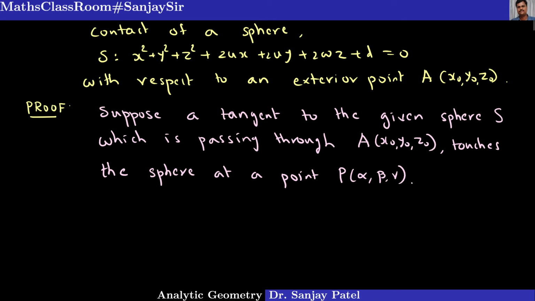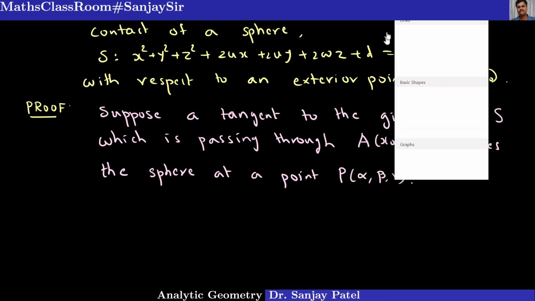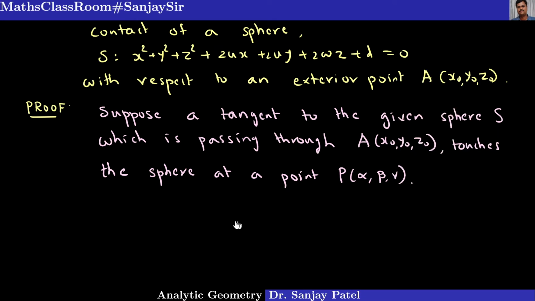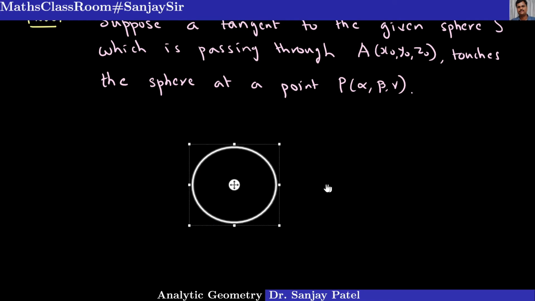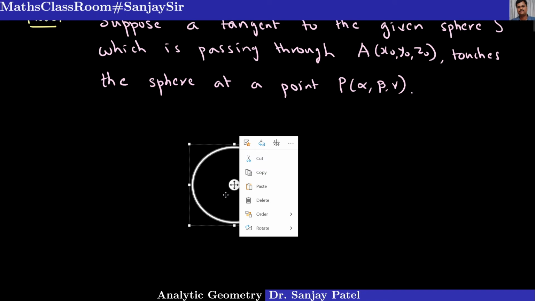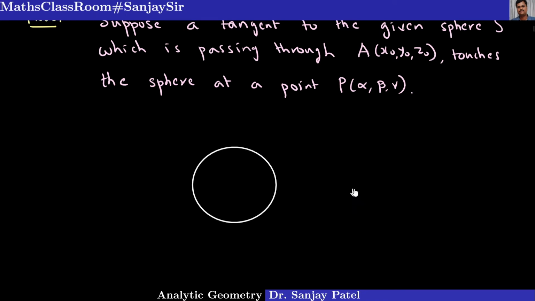Okay, so let us understand this. So a sphere is given and a point outside of it is given. This is a sphere and a point here, A, is given in the exterior, which is (x0, y0, z0).